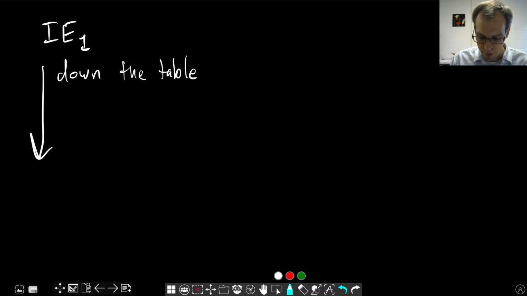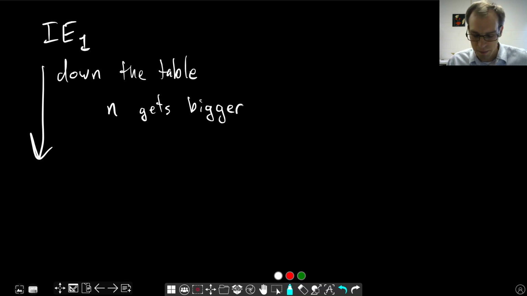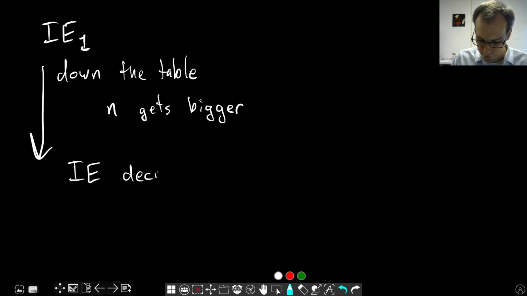As we go down the table, n gets bigger, and so the electrons are further away from the nucleus on average, and so it's easier to take off that electron. So as we go down the periodic table, ionization energy decreases, meaning it's easier to take off the electron.